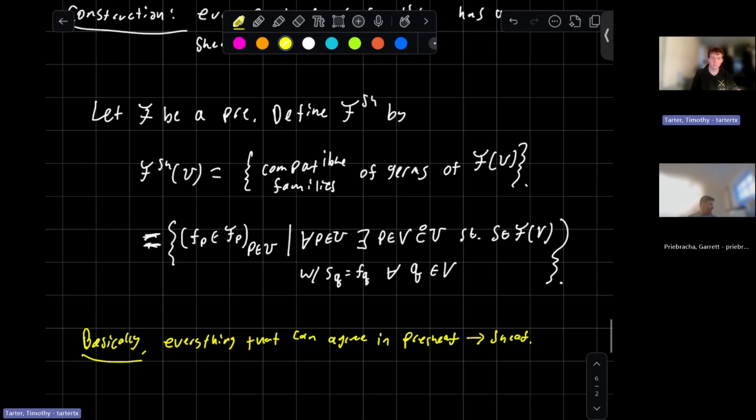Show that the sheafification functor is left adjoint to the forgetful functor from sheaves on X to the pre-sheaves on X.